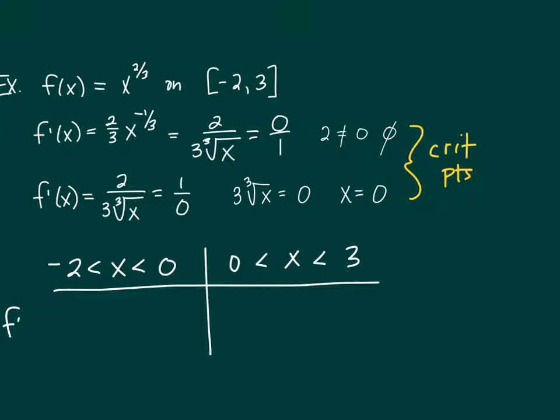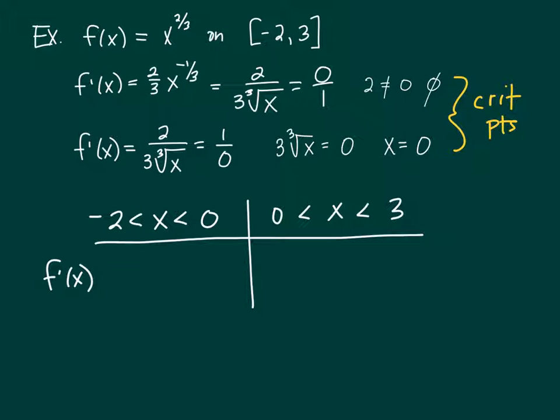And we're going to check derivative values. So pick a number between -2 and 0 and plug it into the derivative. -1, sure. When you plug that into the derivative, it doesn't matter what you get, just the nature.